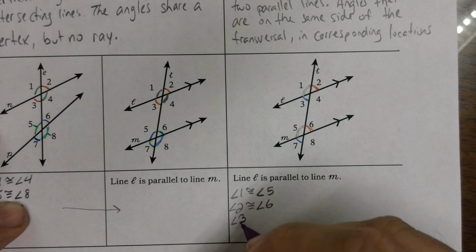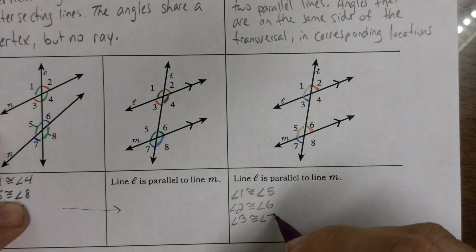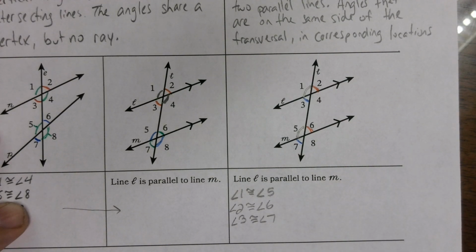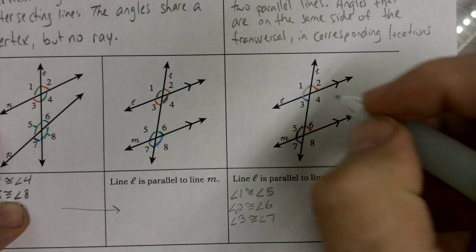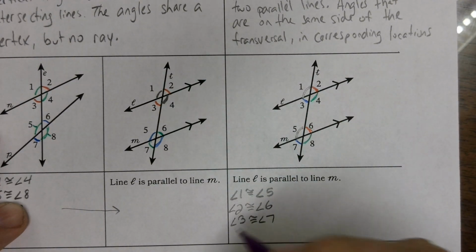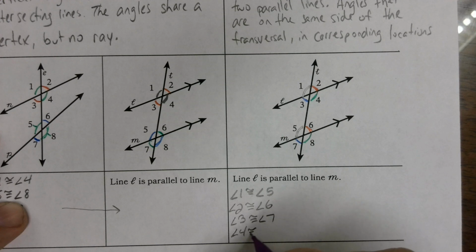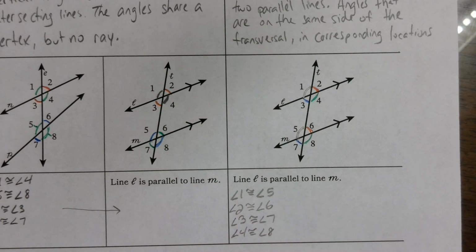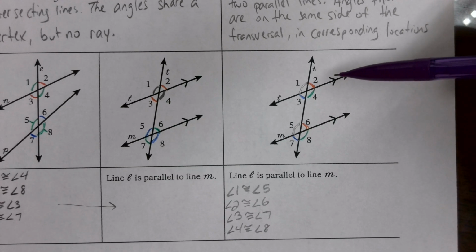So angle 3 is congruent to angle 7. And we have angle 4 and angle 8. So angle 4 is congruent to angle 8. Okay. Corresponding angles, it just means that they're in the same position, just in different sections of the lines.